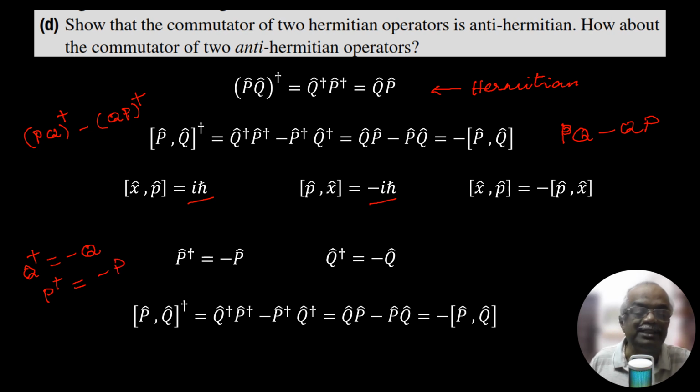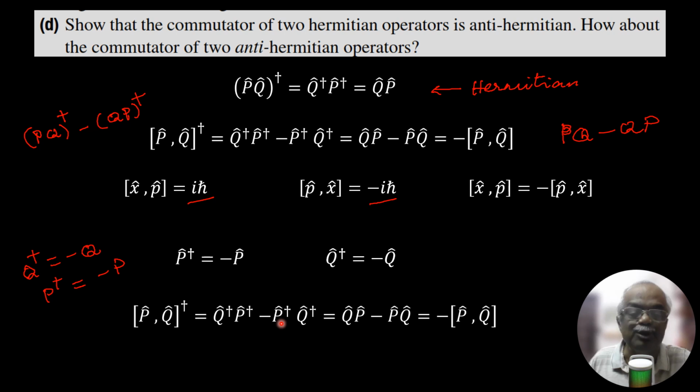So as such, you will get exactly what you have done here: Q†P† minus P†Q†. Now this will become minus Q and this will become minus P, so minus of minus will become plus. Naturally this will be QP.